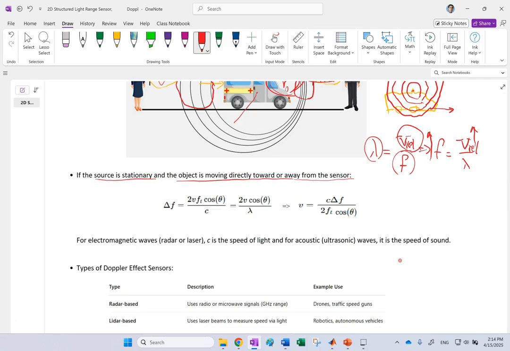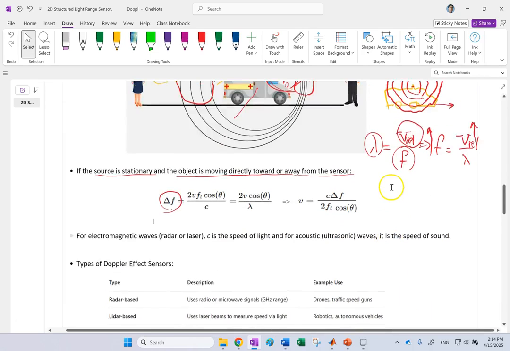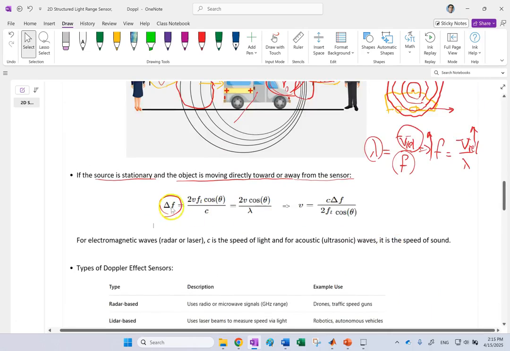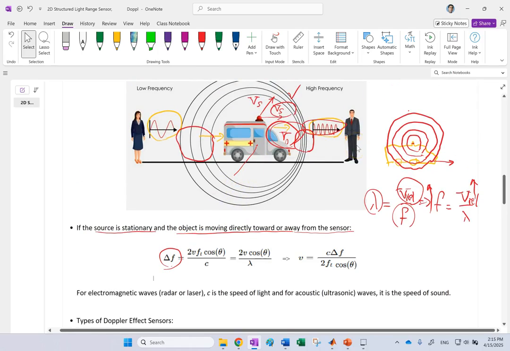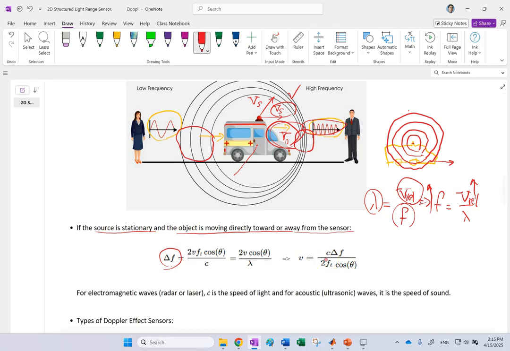In this case, you can show that the shift in the frequency, which is the difference between the frequency of the actual sound wave being emitted and the one that is perceived by the receiver, or the object, right? So it's the frequency of the source and the frequency received by the object. That's the difference, called delta f, and it equals 2v cosine theta over c.